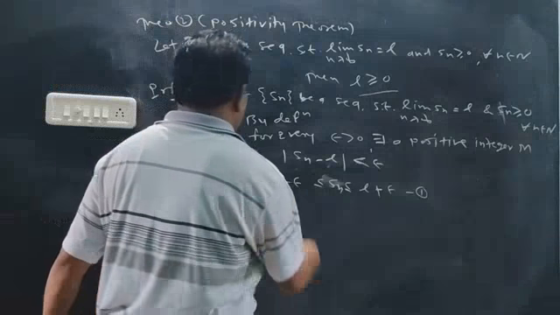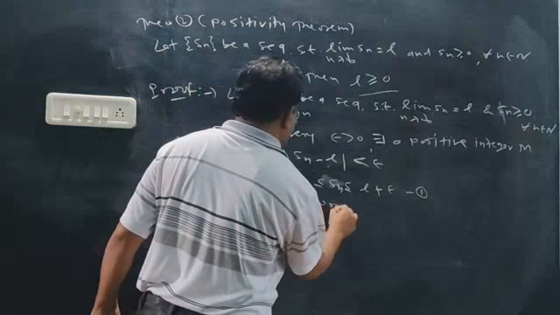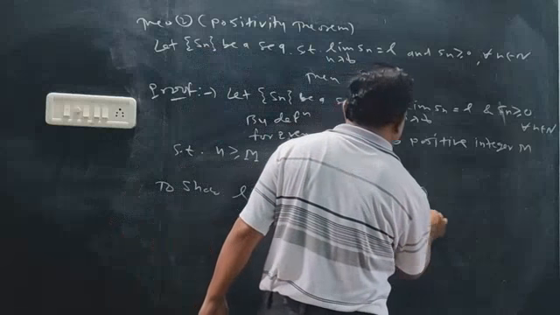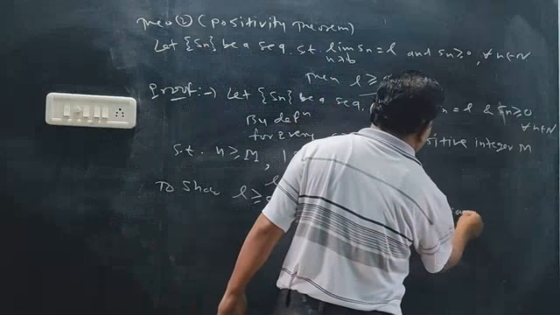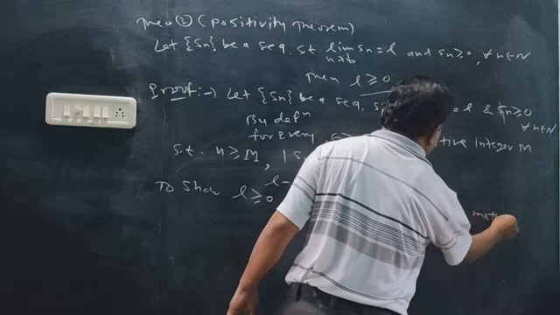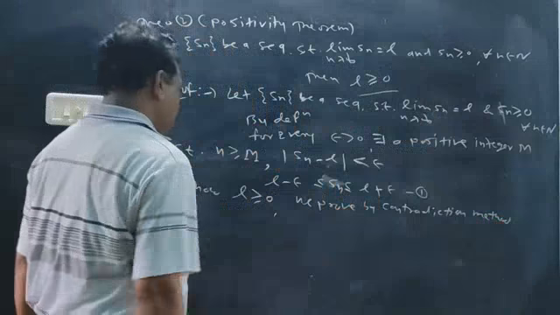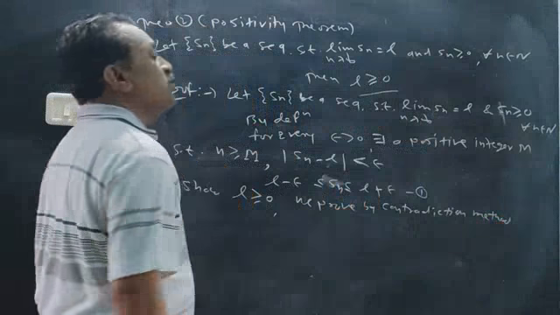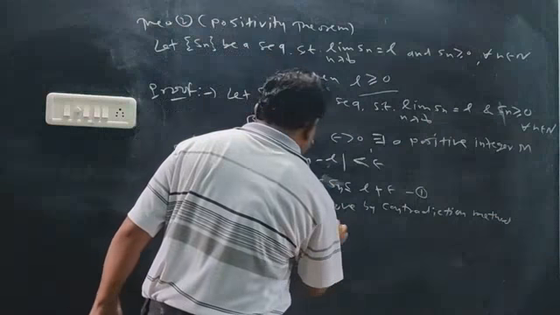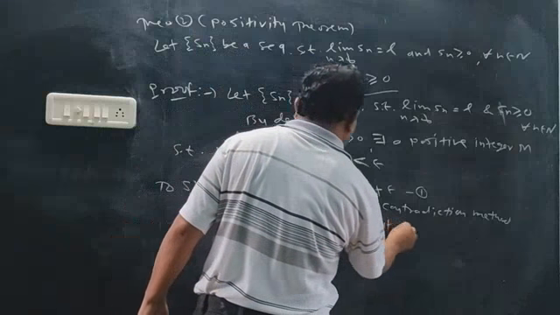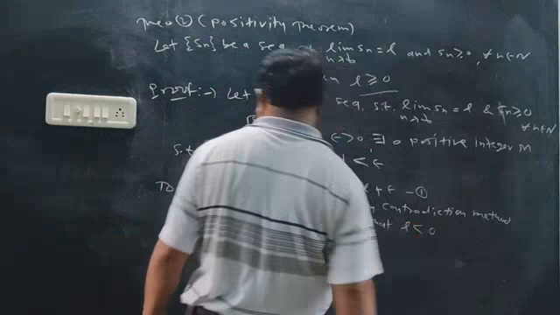We prove it by the contradiction method. Contradiction means taking the opposite. We have to show L is positive, so we suppose it is negative.